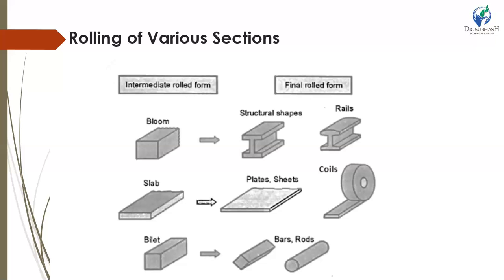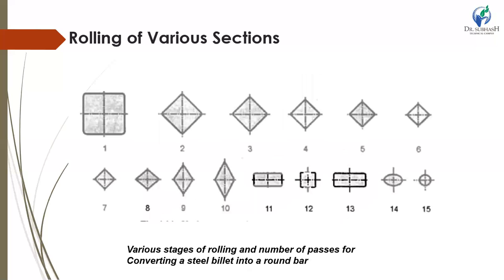Then slab. Slabs are metal pieces with a rectangular cross section and a thickness between 50 to 150 mm. Width is between 300 to 1500 mm. From slab rolling we can get sheets, plates, strips, etc. Rolling process, various section rolling.